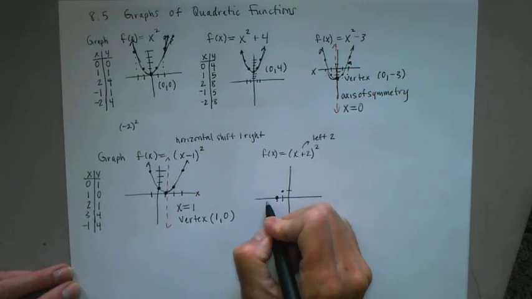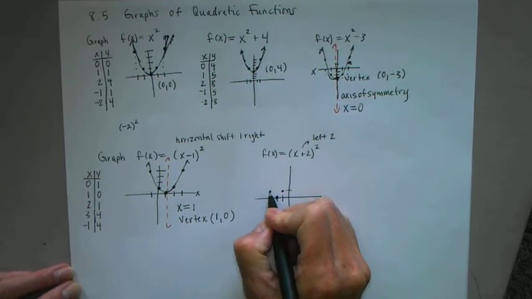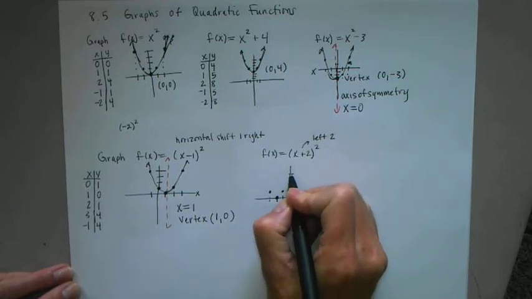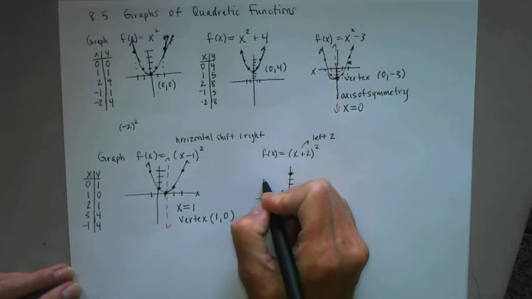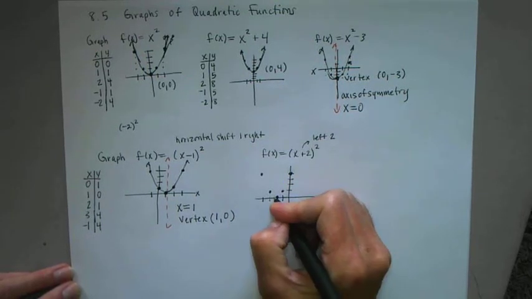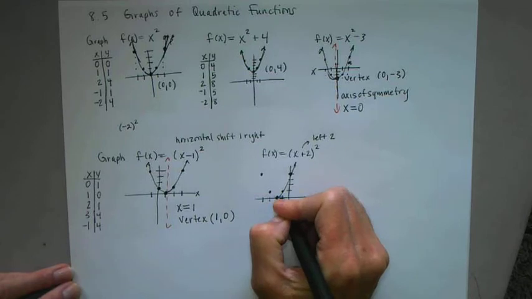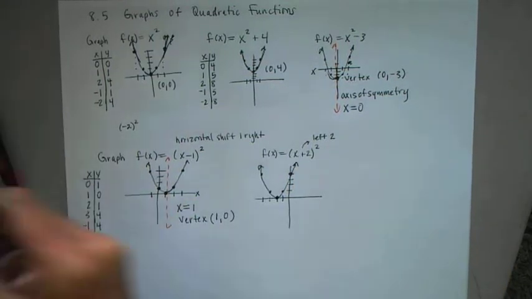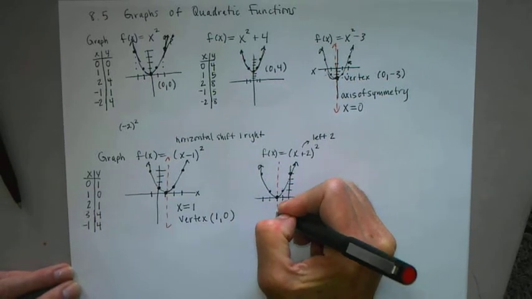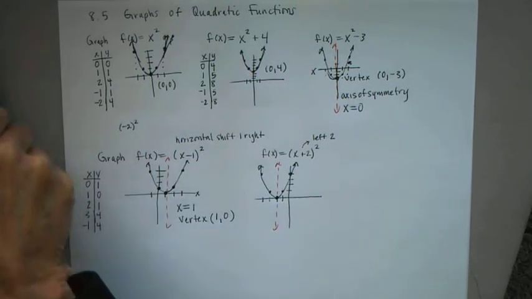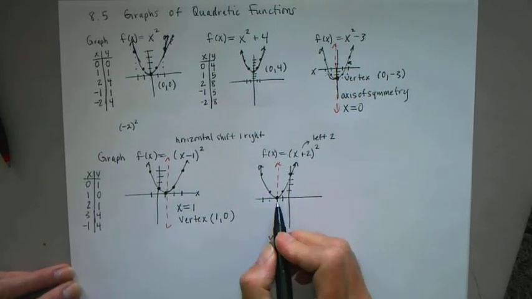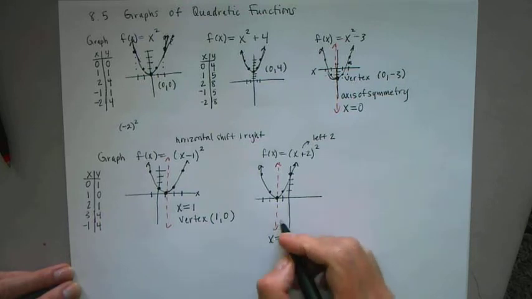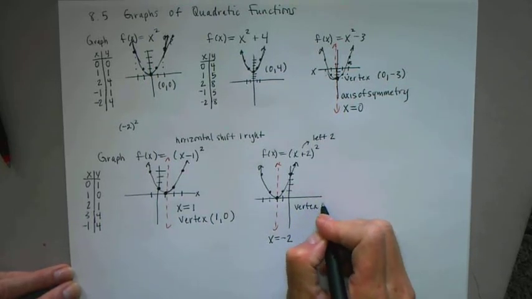Vertex goes over 1, up 1, on both sides, over 1, up 1, and then over 1, up 1, 2, 3. And then I draw my nice rounded curve, not a sharp V, a rounded curve. That is a parabola. If I had to name my axis of symmetry, I know that it crosses the x-axis, so it's x equals, where it crossed it, -2. And I know that my vertex is back at -2.